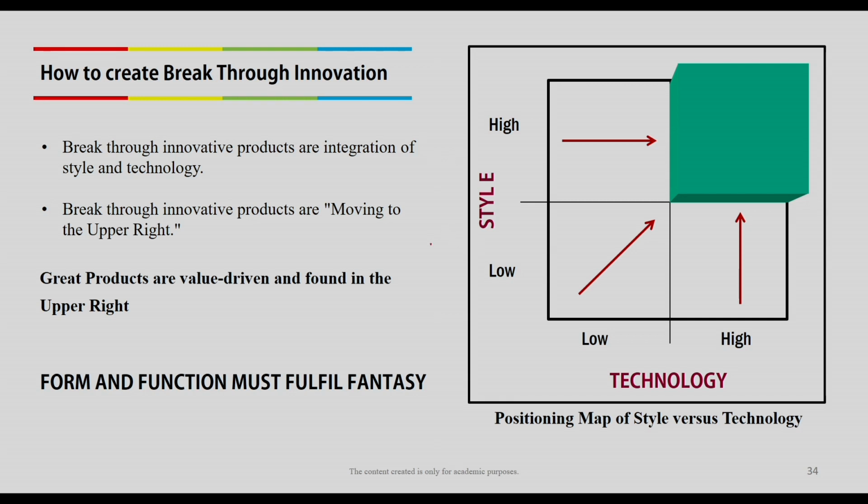So, style is aesthetics and human factor. And technology refers to the core function that drives the product, the interaction of the components that are required to use the product, and the methods and material used to produce the product.